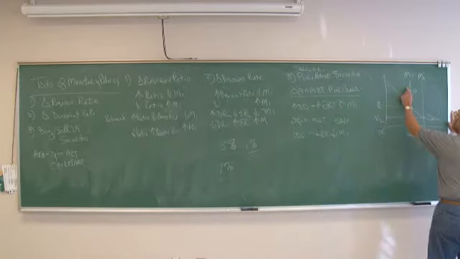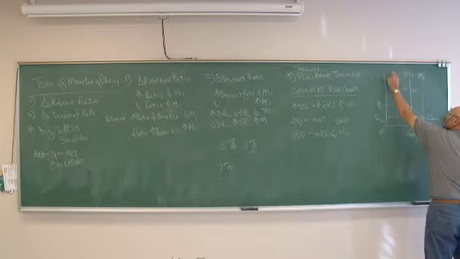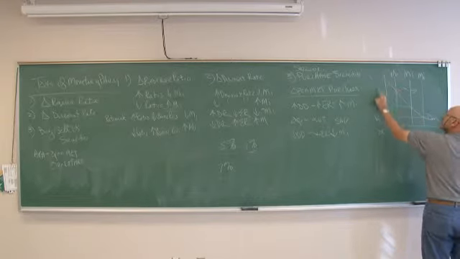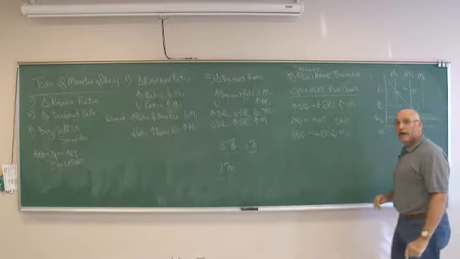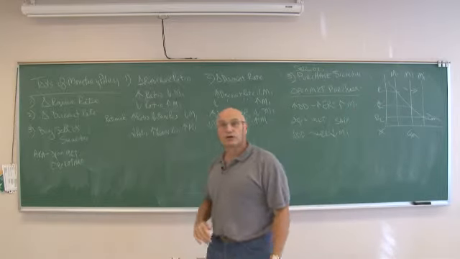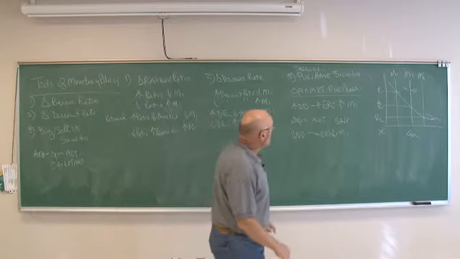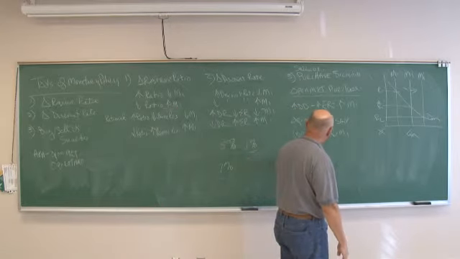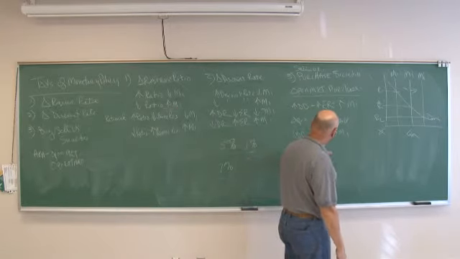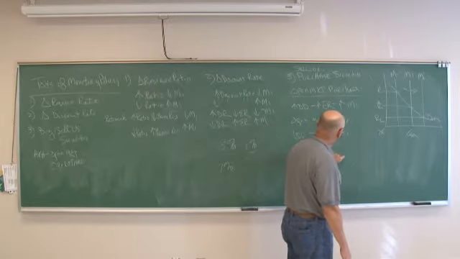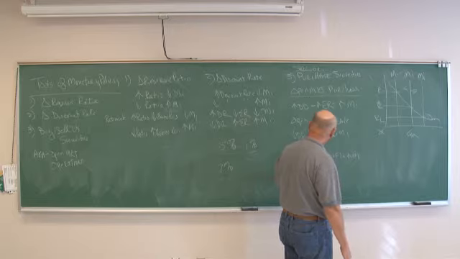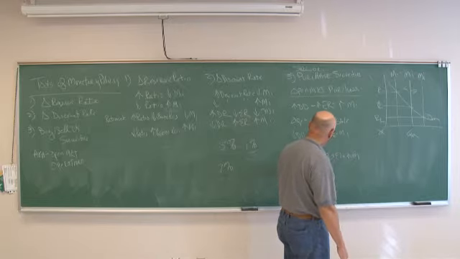And in this case, the money supply will move to the left, causing interest rates to go up, and therefore it will discourage you from borrowing money and therefore spending. So if the money supply decreases, we are trying to control inflation. If the money supply increases, we are trying to stimulate the economy.